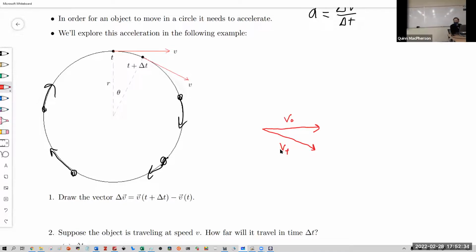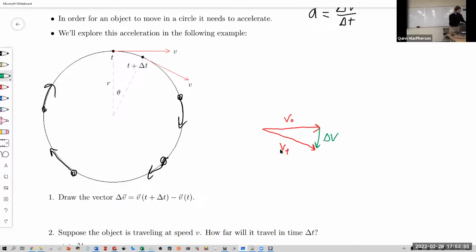Those are my two velocity vectors. This is the change in velocity. Notice, had they not turned, there'd be no change in velocity.